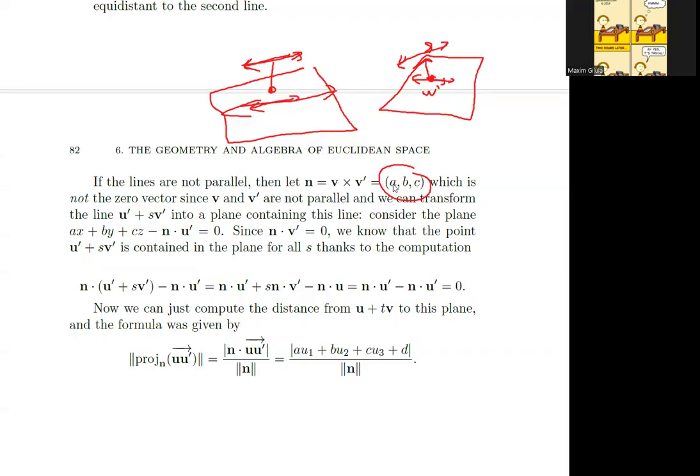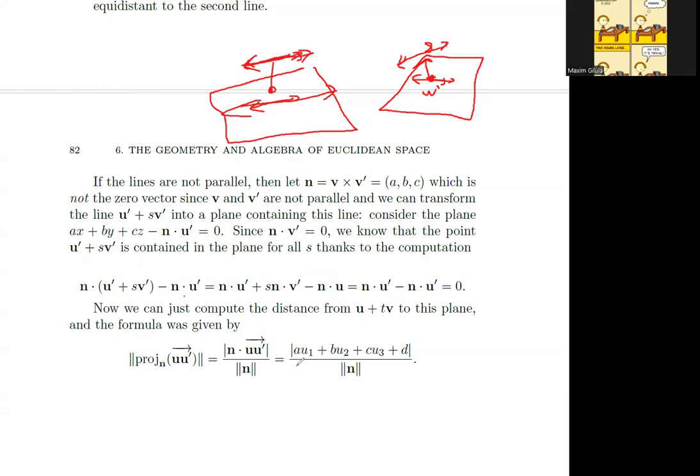And now you could just use the line to plane formula, which was, again, just some projection of something. Sorry, not line to plane, just point to plane, because this line lies directly above the plane. Well, yeah, line to plane, point to plane, it was the same thing in this case.